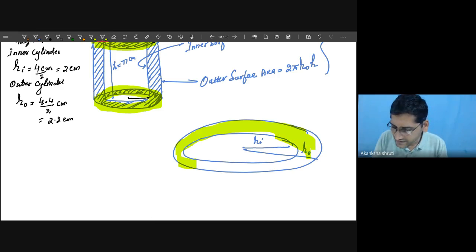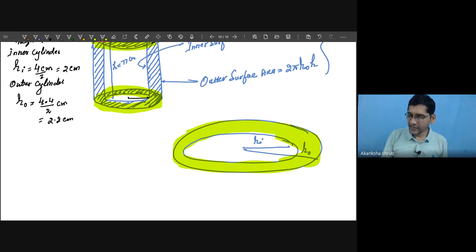What we need is only this much annulus space, I mean the space between the two cylinders. That can be obtained by taking the difference of the circular area of the bigger circle minus the circular area of the smaller circle. So this area we need.